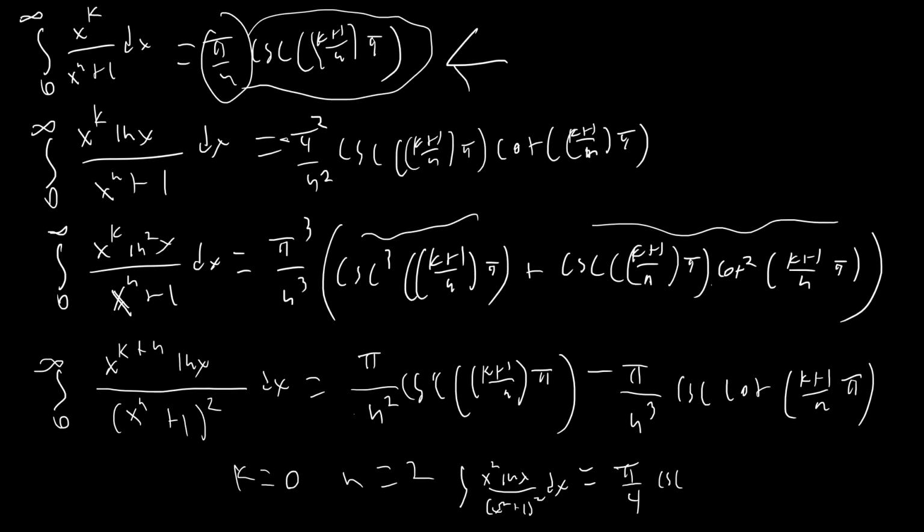Cosecant pi over 2 is just 1, and then this cot of pi over 2 is 0, so that's going to disappear, and that's just going to be pi over 4. So as you can see, using this incredible formula, there's so many things that we can do once we have a generalized formula for an integral that we can use to turn into so many different integrals.